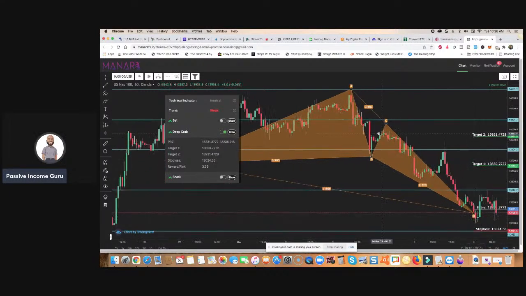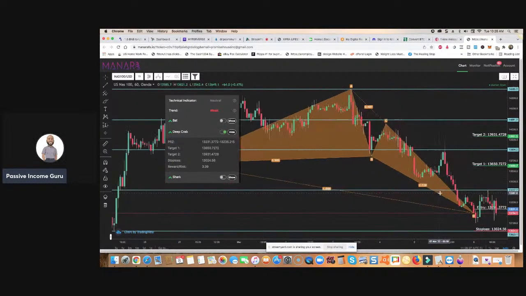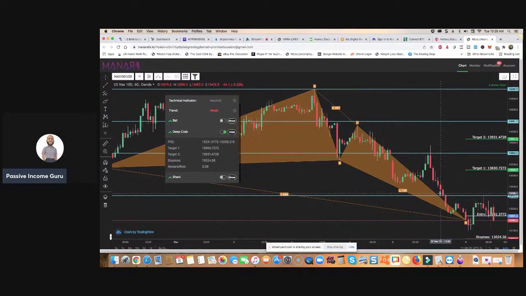And if you can get in and catch the small moves, especially when it comes to indices, if you're scalping, you're looking to get in and get out of the market, you can do very well with this too. I got a couple of people that have already joined me in this, and they're loving it, guys. They are loving this tool called the Menara.